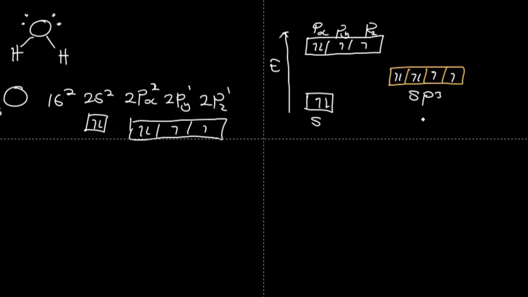Now all sp3 hybrid orbitals have a particular geometry. With that geometry, we can predict what the shape of the molecule will look like. So for sp3 hybridized orbital, we should be expecting a geometry of tetrahedral.